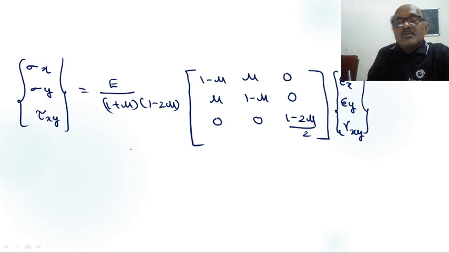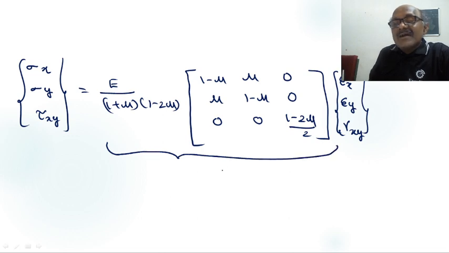Now this matrix is called the D matrix, my dear students. It provides the relation between stress and strain. So, in plane strain condition, this is the D matrix. I will write here.